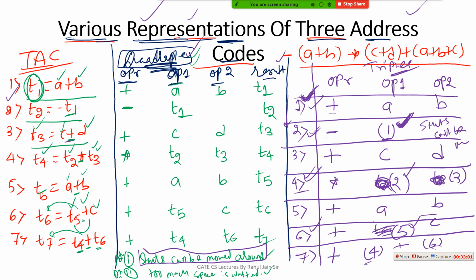Is it clear to everybody? It is a theoretical concept, a completely subjective concept. No need to take that much load, but from the perspective of the GATE syllabus, you need to have knowledge of what quadruples and triples are, so that is why I am discussing it. So guys, is the concept of quadruples and triples clear to you or not?